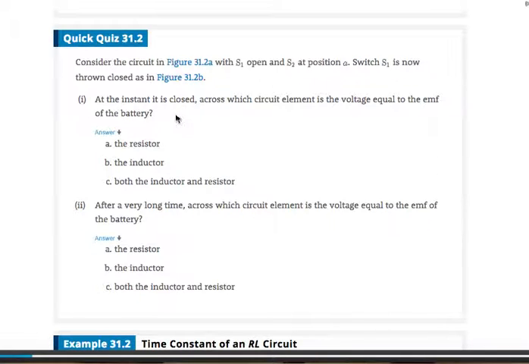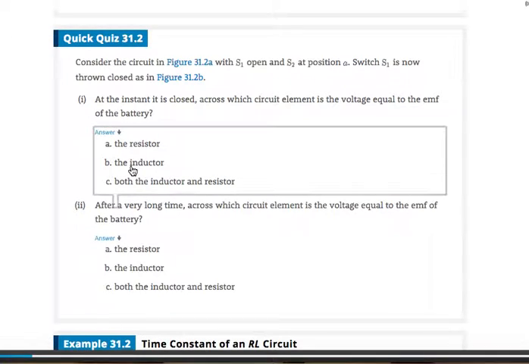Well, at that instant, there's absolutely no current yet. And as the current increases, the inductor will oppose that current. But if there's no current, then there's no voltage drop across the resistor, because according to Ohm's law, the voltage drop across the resistor is equal to the current times the resistance. Which means that entire voltage drop, if you're going to continue with Kirchhoff's laws, which says that the voltage drop around a complete circuit has to equal 0, has to be from the inductor.